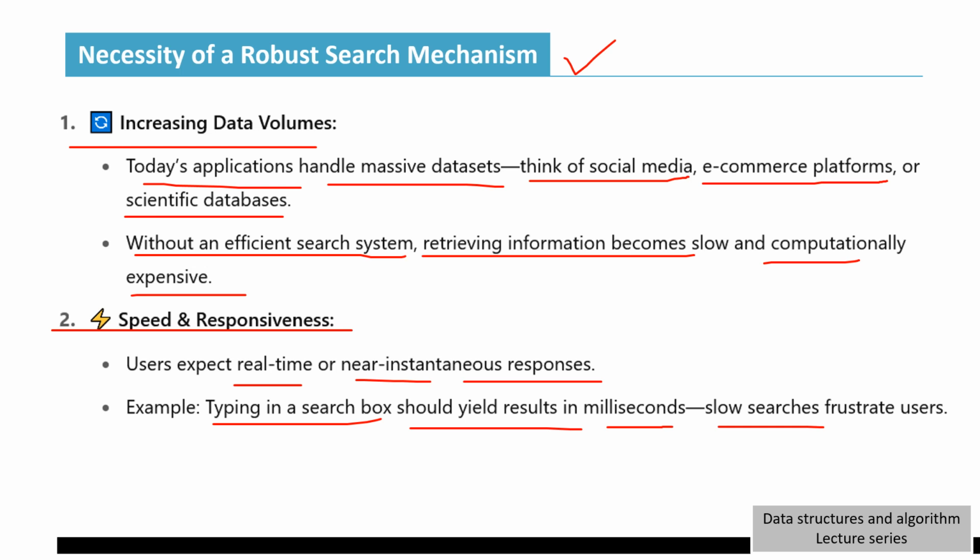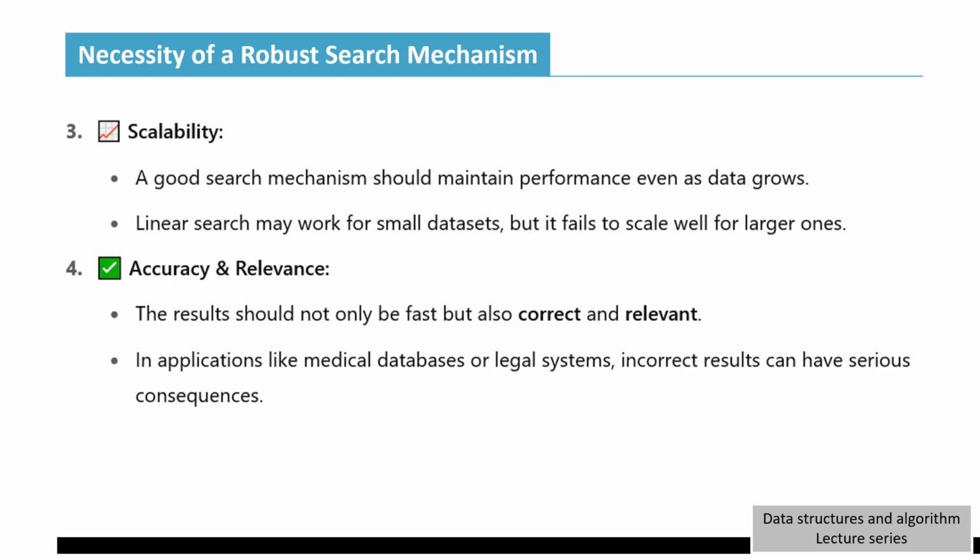You know that it gives you so many results in milliseconds. So that's the speed a user expects. Then scalability. A good search mechanism should maintain performance even as data grows. Linear search may work for small datasets, but it fails to scale well for larger ones.